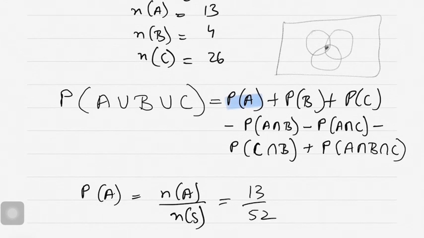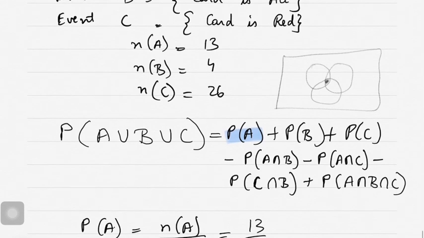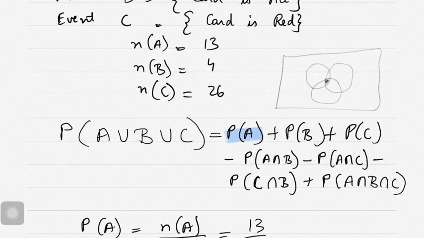What is B? B means four ace cards, right? Four ace cards are ace of club, ace of spade, ace of heart, ace of diamond. And C is 26 red cards.